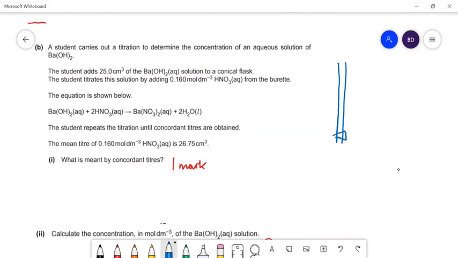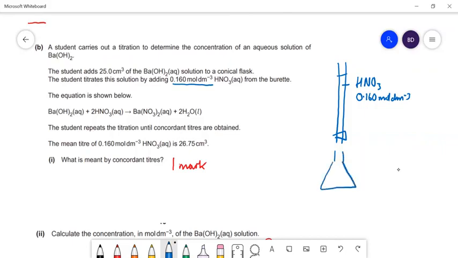And in the burette, we're going to put nitric acid, HNO3. And the concentration is 0.16 mole per decimeter cubed of that. It tells us in the question there. And we don't know the volume of that just yet, but we're going to get that later, presumably. That's going to go into our conical flask.